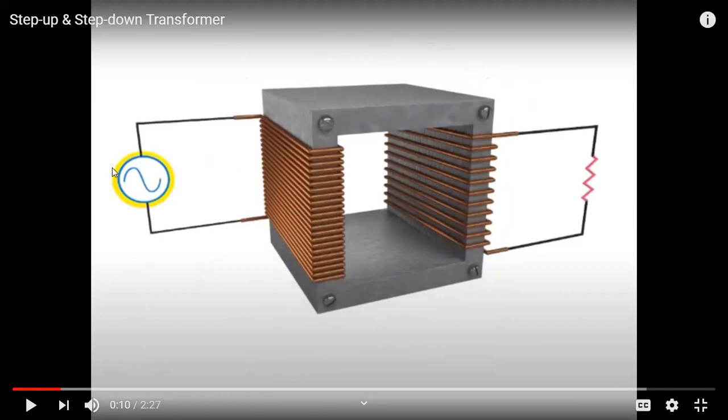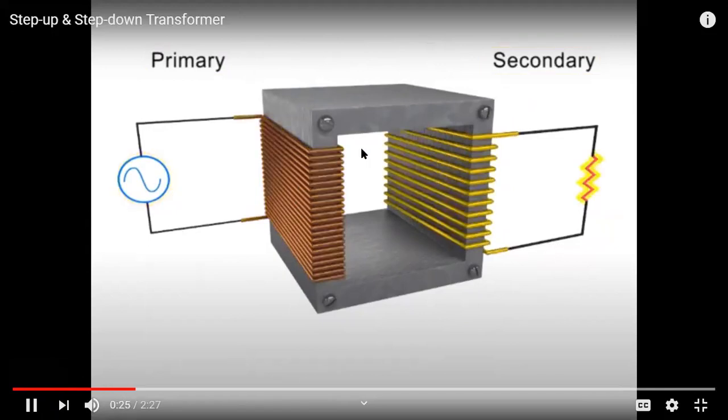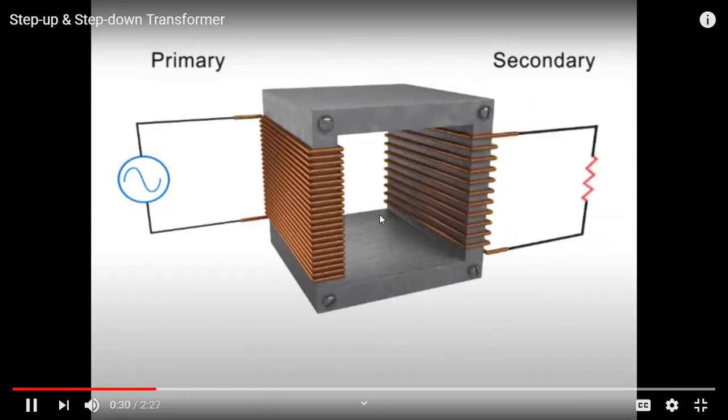The coil which is connected to the source of AC is called the primary coil, and the coil which is connected to the output, this one here, is what we call the secondary coil, as you can see. The two coils are well insulated from each other and do not come into contact with each other, so there is induction which causes voltage in the secondary coil.